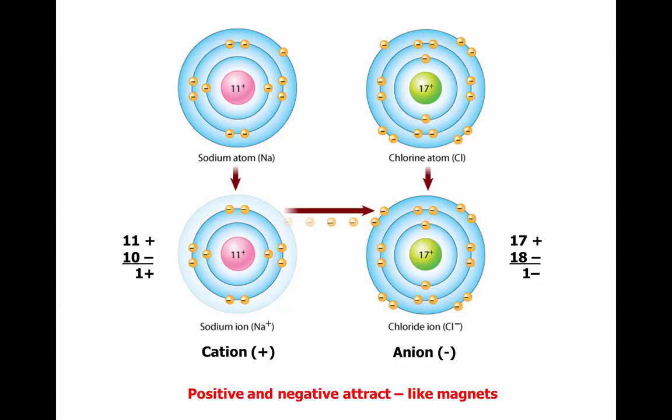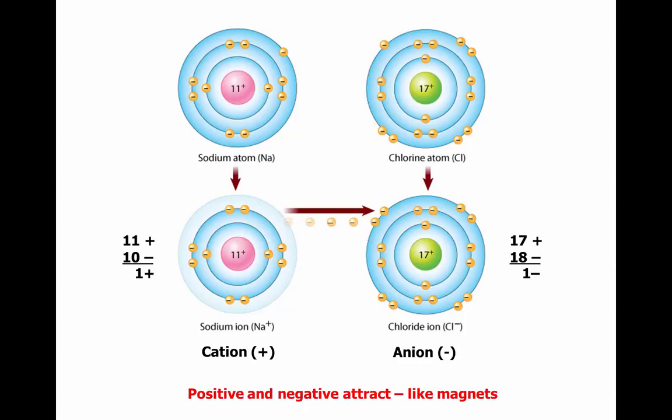Sodium is a positively charged ion, a cation, because it still retains its 11 protons in the nucleus, but now only has 10 electrons. It has an extra positive charge. Chloride is a negatively charged ion, an anion, because it still retains its 17 protons in the nucleus, but now having received an extra electron, there is one more negative charge than positive.